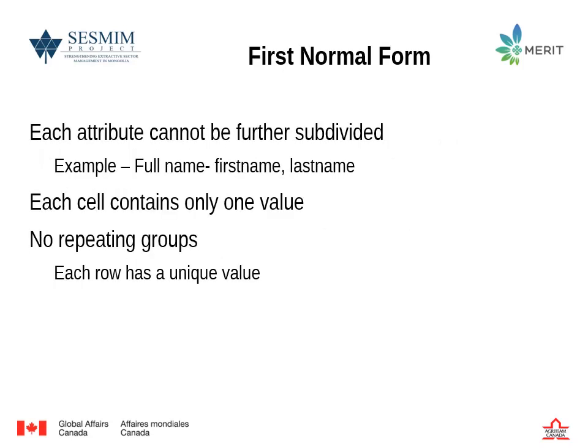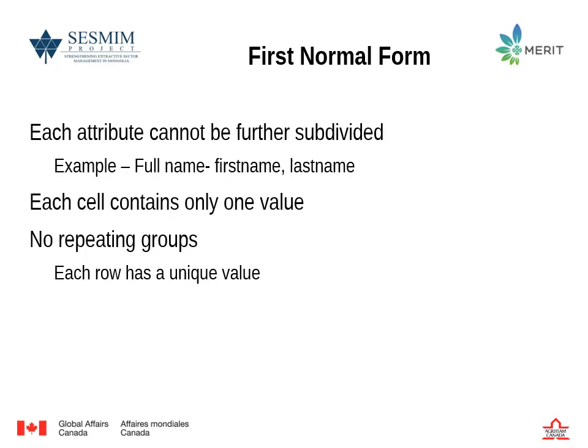First normal form, that's the first degree in normalization. For a table to be in first normal form, each attribute cannot be further subdivided. For example, if you have a full name as one of your fields, you can break down full name even further into first name and last name.